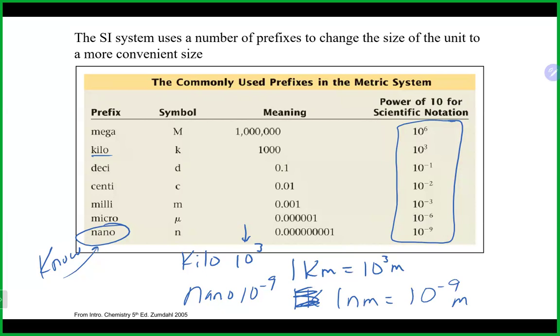So what we see here is how much there is in one of the prefix units to one of the base units. Again, it doesn't matter what the base unit is. In 1 kilogram, for example, there's 10 to the 3 grams. So it doesn't matter if they're grams, meters, liters. Again, the prefix works the same way. Any questions on that there?